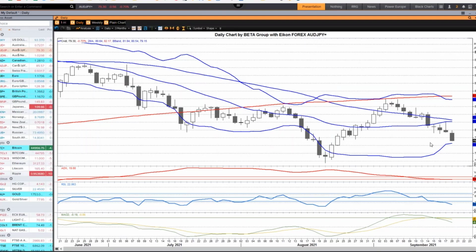Japanese yen is very highly correlated with the US dollar. So this is almost a very similar trade to the Australian dollar versus the US dollar. And having failed at resistance, with the indicators turning negative, we're looking like we're testing the 78 level and continue to deteriorate in this one.